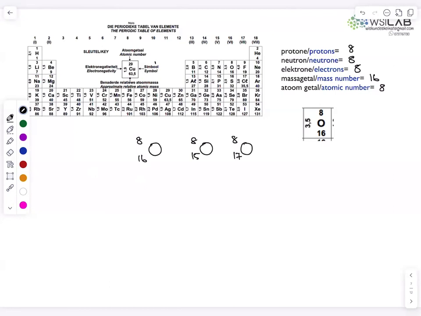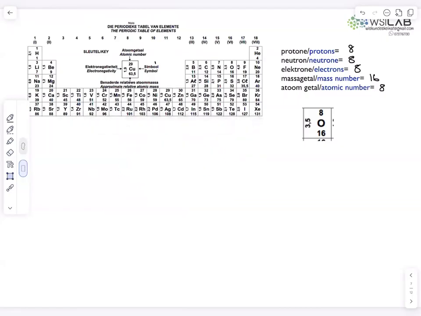Can you see? The one is 8, the other one is 7, the other one is 9. So the neutrons can differ. These are called isotopes. But the number 8 on the oxygen can never change. The minute we change that, it's not oxygen anymore.